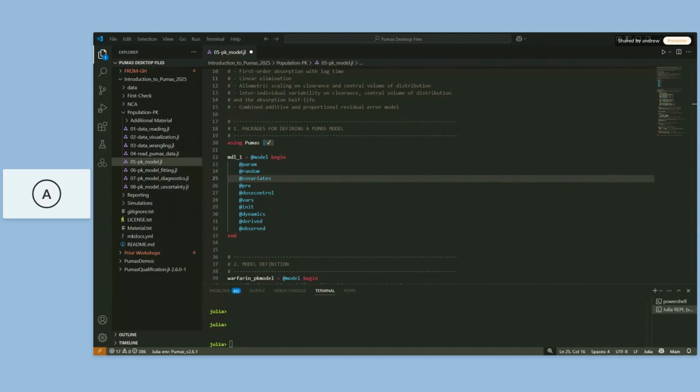This is where, if you don't want to assume something is at 0, or if there is going to be a certain type of baseline, you're able to augment the initial starting point for your dynamic system using this @init block. But it's a little bit more of a niche need and use in your starting out population PK model development. You probably won't use this block quite as much.